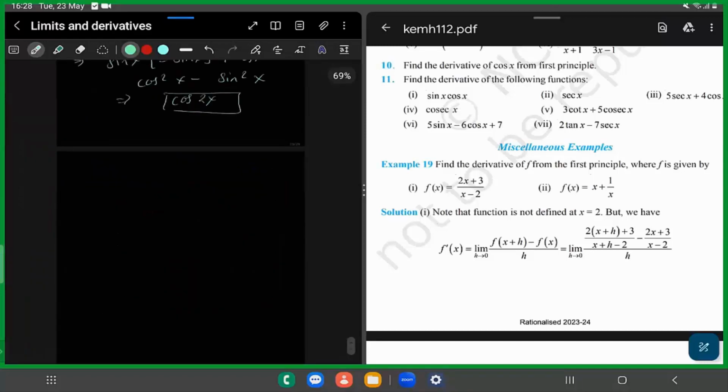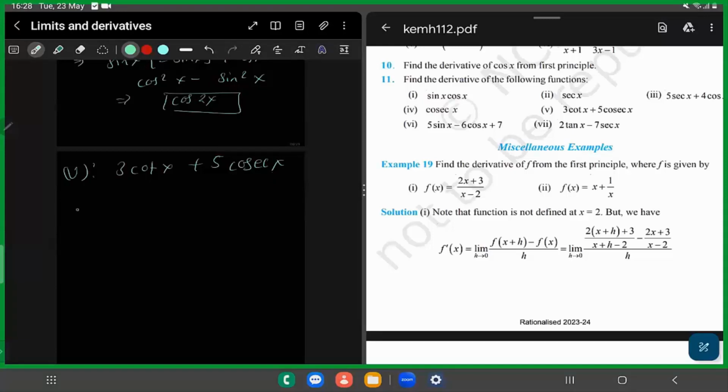And if we solve question number 5, that is 3 cot x plus 5 times cosec x. If you remember from the list of derivative formulas of trigonometric functions, the derivative of cot x is minus cosec square x, and the derivative of cosec x is minus cosec x into cot x.